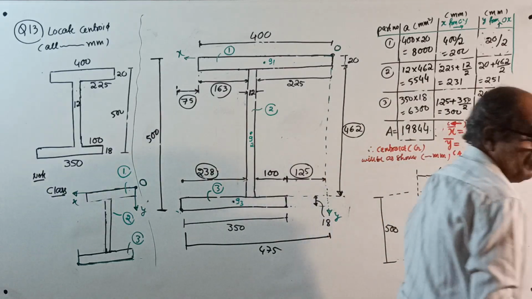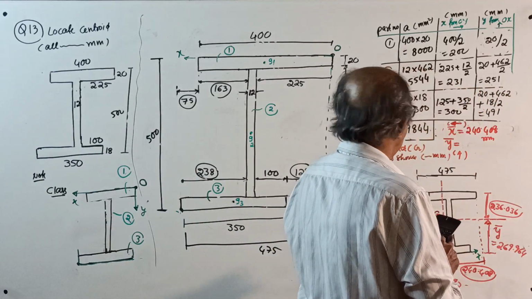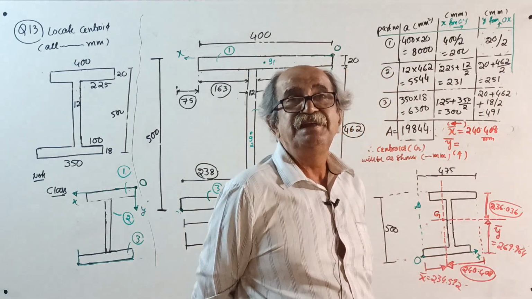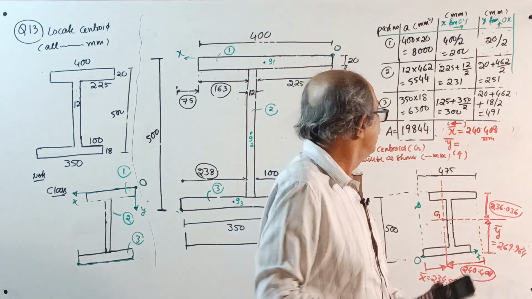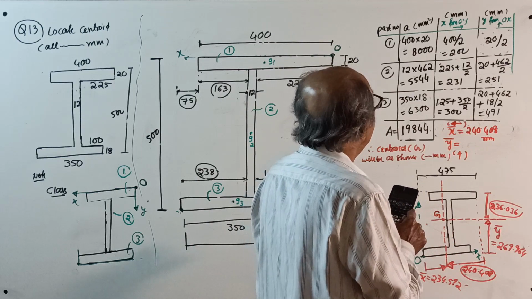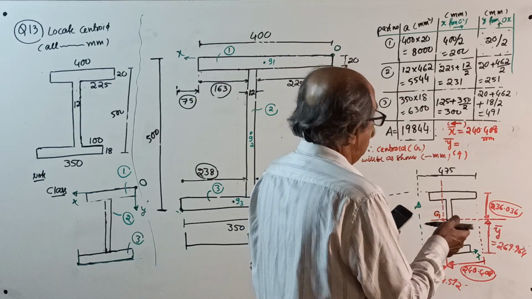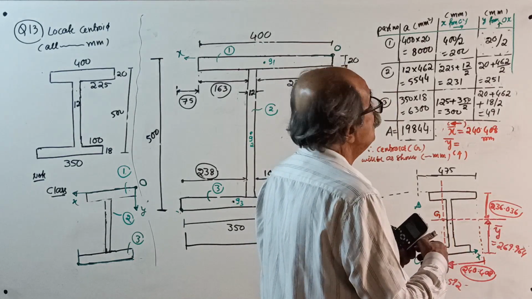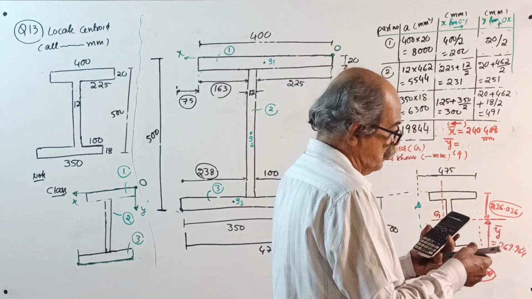See, no cheating. In front of you I am doing it. Why should I cheat? Actually, I am teaching. Someone commented, everywhere he wrote the answer, and in one place he wrote 20 by 2. He does not know how to calculate 20 by 2.